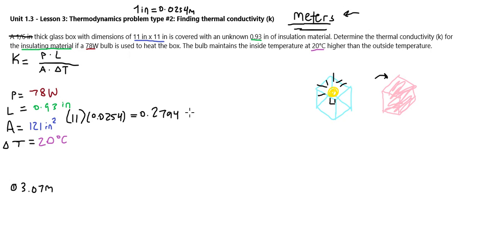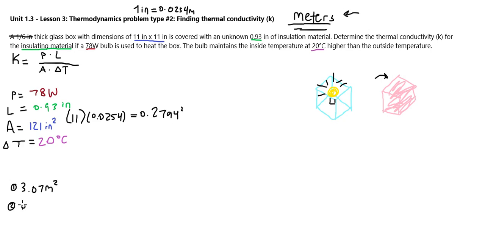If these were different numbers, we would have to do it again. So then we multiplied that. Really, it's going to be that squared because you're multiplying it by itself. So I'll do that: 0.2794 times 0.2794. And by the way, if that was actually correct, it would be meters squared.